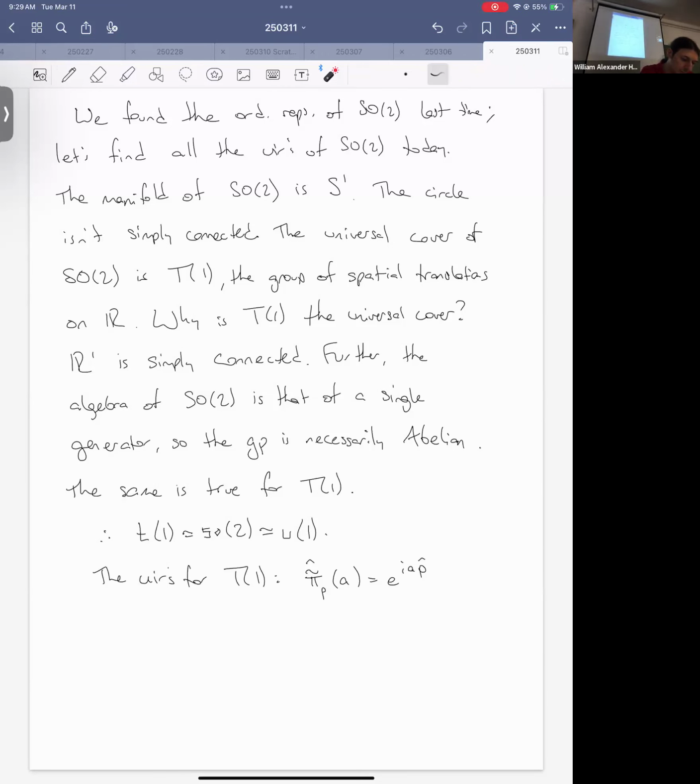So the pth representation is given by e to the I a p hat, where this number A is just a real number.